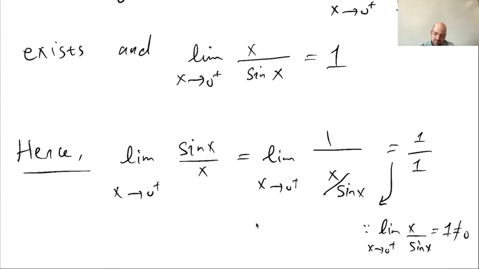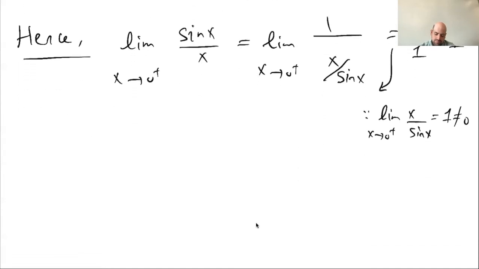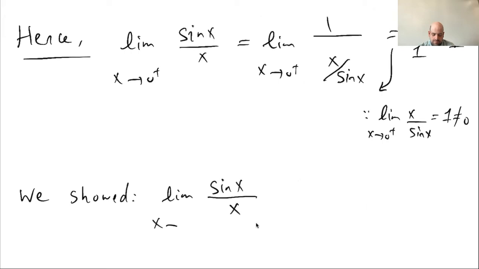So the limit of sine x over x as x approaches 0 from the right is 1.